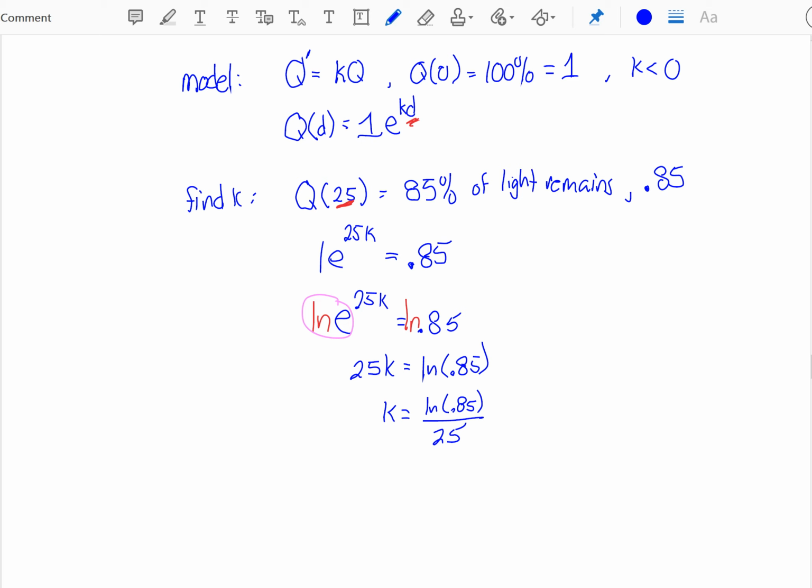Double check my calculations, but I believe this should give us a quantity k. Remember, we thought k should be negative. It should be negative 0.0065 when you go to 4 decimal places. This gives us our model. Q of D is 1 e to the negative 0.0065 d, for depth.